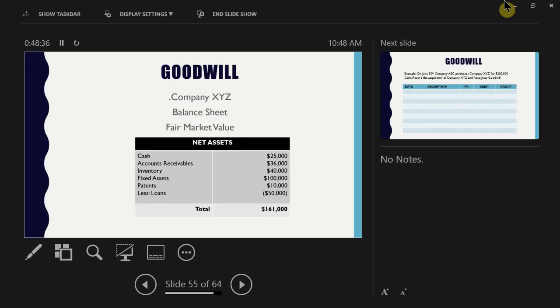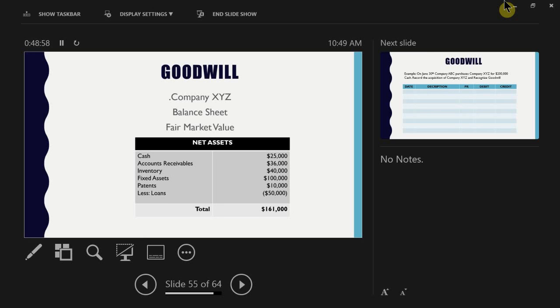Because when we talk about inventory, we buy it at cost, but when we sell it, we gain a profit. So if company ABC acquires this company, they can sell off the inventory for a higher value.